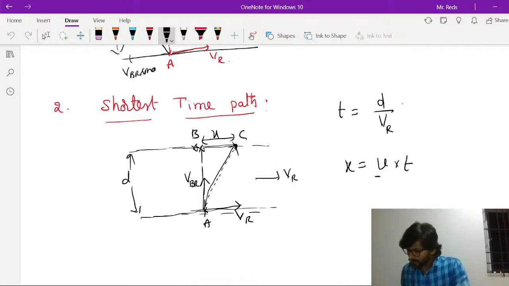Motion under gravity, motion in a plane.